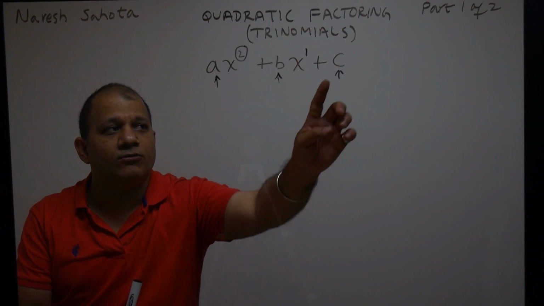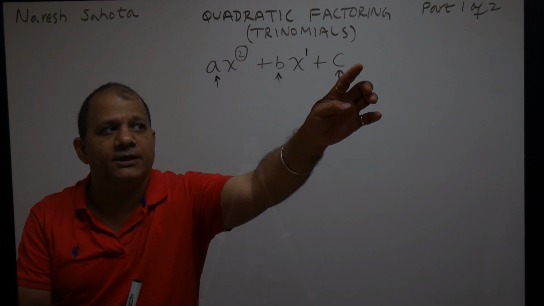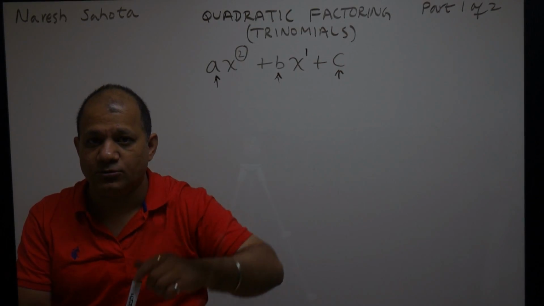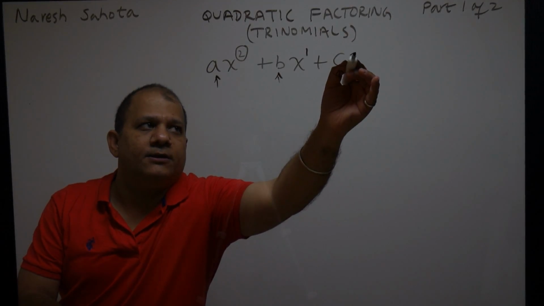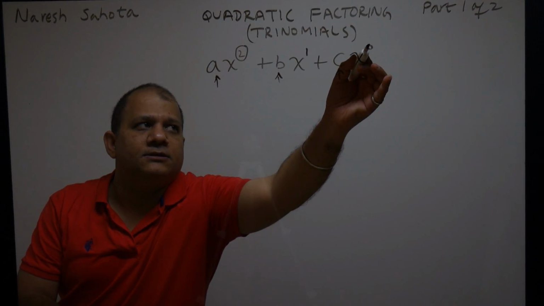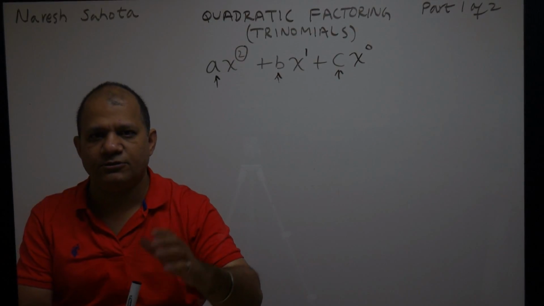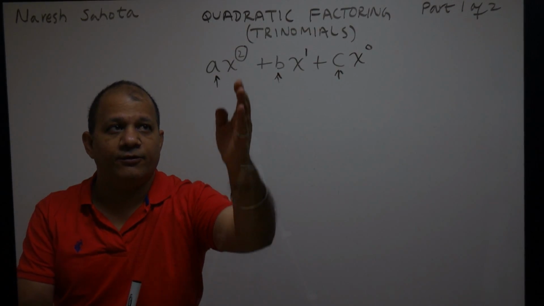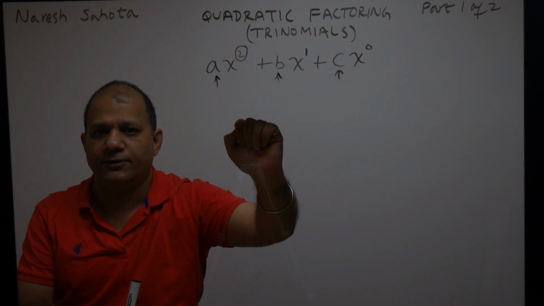Actually we can write c in terms of the variable x as well, so it'll be cx to the 0. You can see how the exponent on the x descends from 2 to 1 to 0.